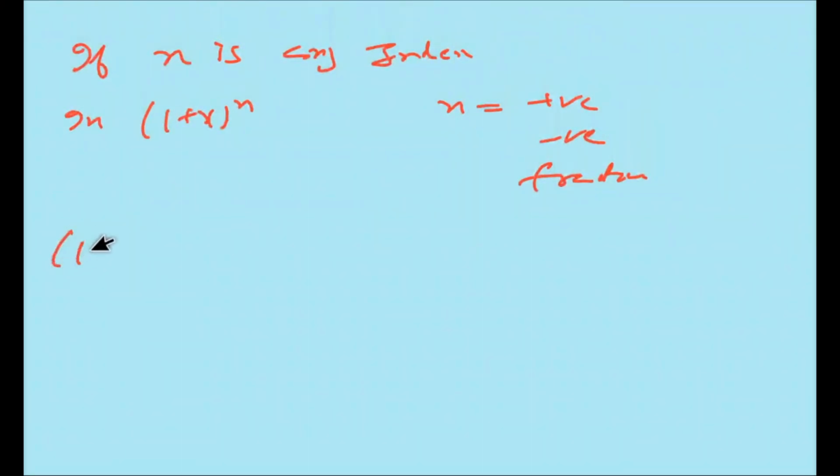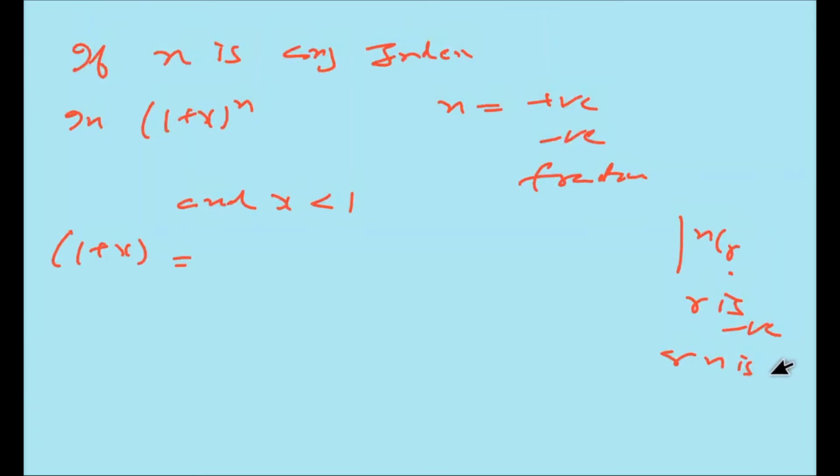The formula is the same, and also |x| < 1. These are the two conditions. Then in the expansion we cannot write the value of nCr, since if n is negative or a fraction, we cannot use it.